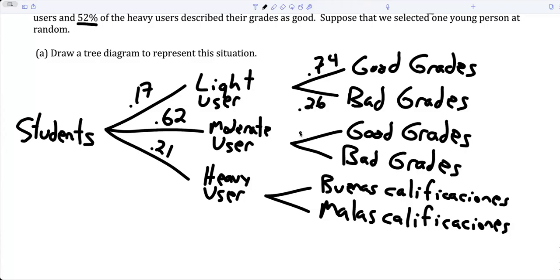Moderates were 0.68, so the bad grades would be 0.32. And then the good grades, 0.52, and so this would be 0.48. So this is my tree diagram. And let's do the last question here and then we'll call it a day.